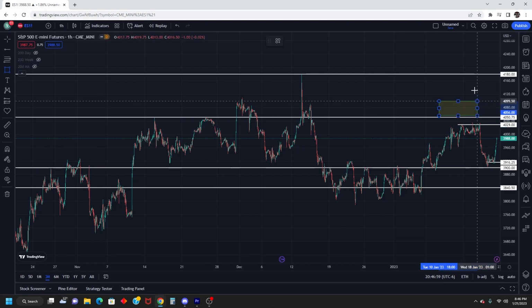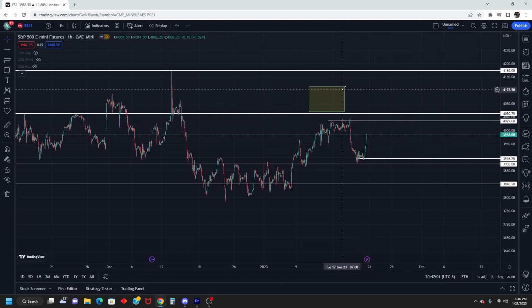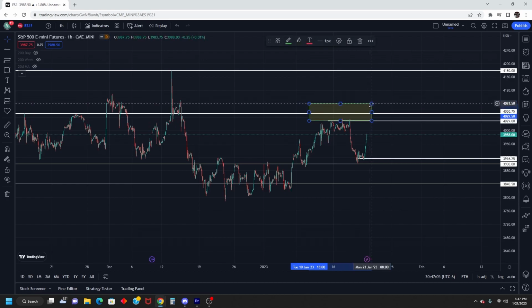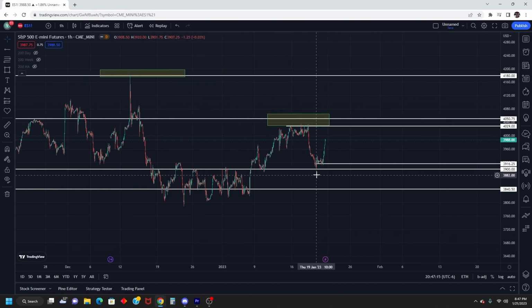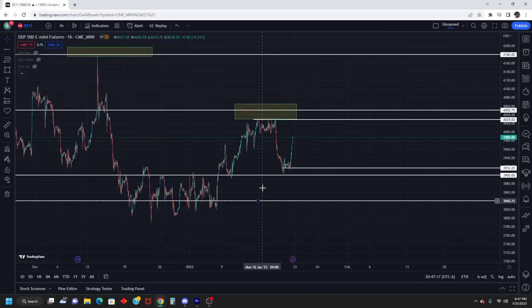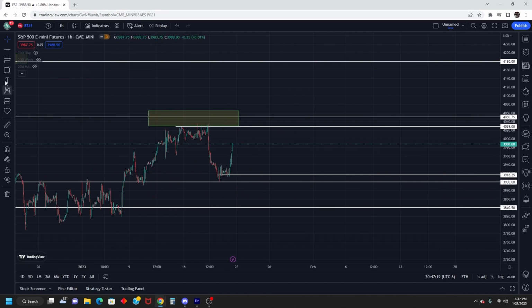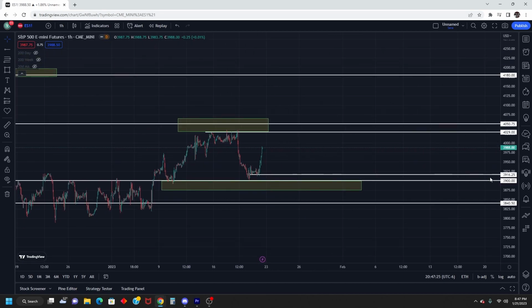Excess liquidity over here. Excess liquidity over that 4180, which they may also target. And we have excess liquidity accumulation under here as well.